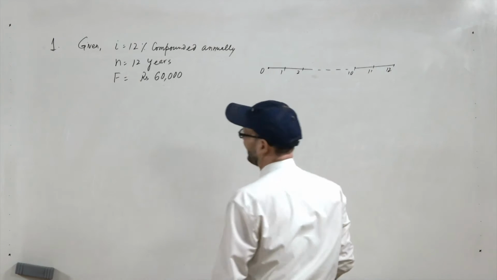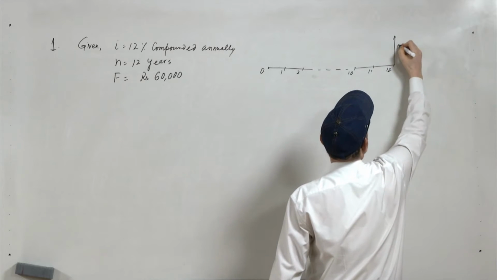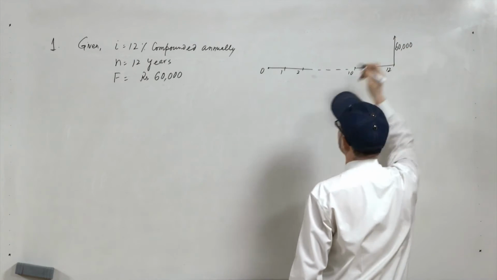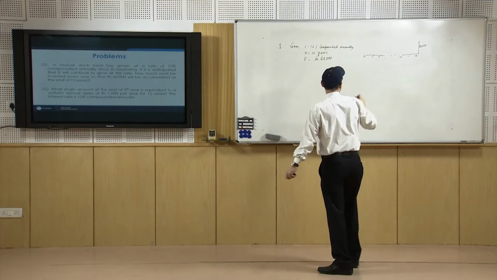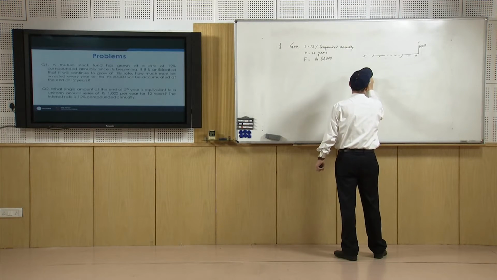At the end of 12 years, rupees 60,000 should be accumulated. So, at the end of 12 years the rupees 60,000 is to be here. Now, you need an equivalent amount.